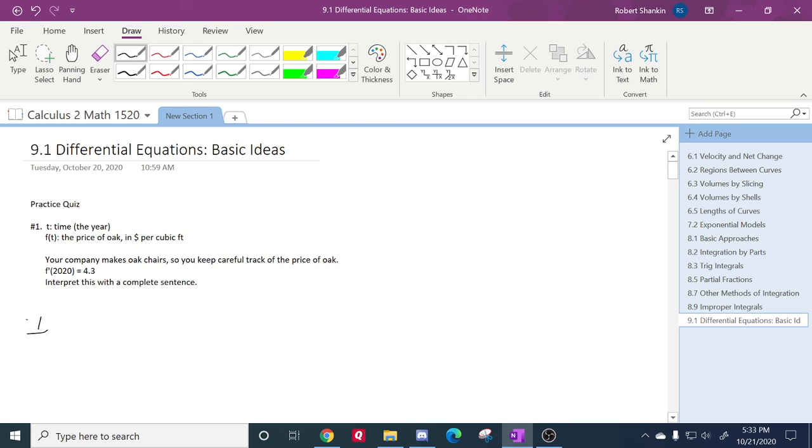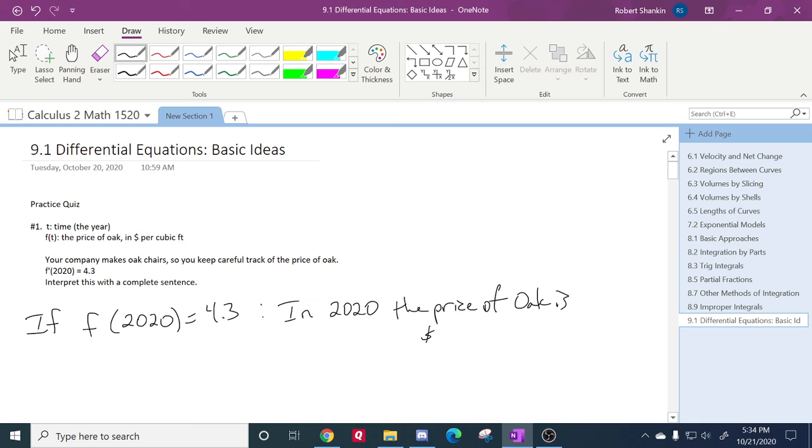Okay, if the original problem had said not f prime, but f of 2020 equals 4.3, then the interpretation would have been: in 2020, the price of oak is $4 and 30 cents per cubic foot.